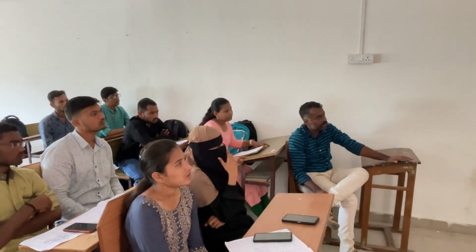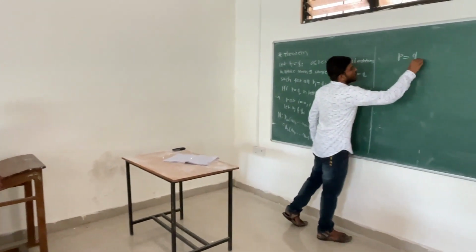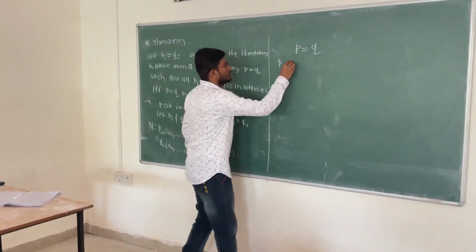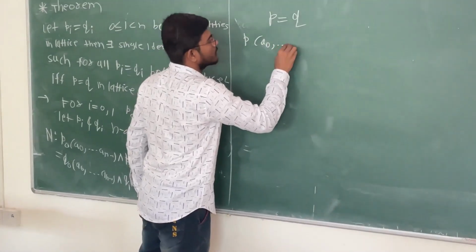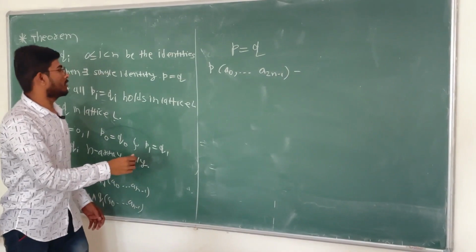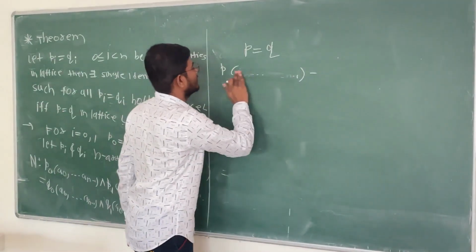Are you following? Yes. So for i equal to 0 and 1, we have P equal to Q, where our P is of the form A0 up to A 2n minus 1. You write x, because it is a polynomial in x_i variables, right?